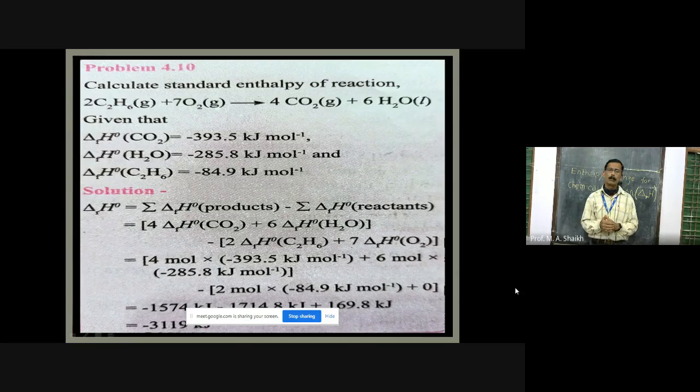Why 0? Because O2 is the element. And don't forget what first rule we have seen. We have seen, first rule is: standard enthalpy of formation of any element is 0. Here O2 is the oxygen element. O2 indicates oxygen element present in diatomic form.